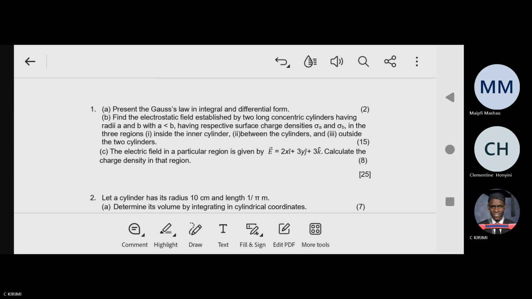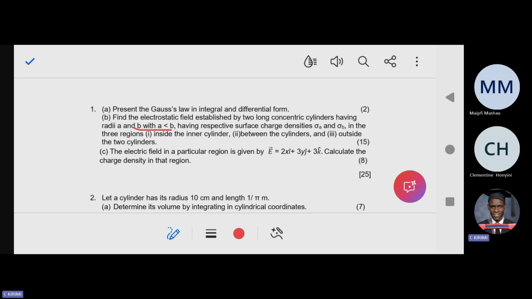So if it was with B less than A, the one that is greater is the outer radius. The reason why we say radii is that it is the plural. When there are two or more radii, you don't say radiuses.